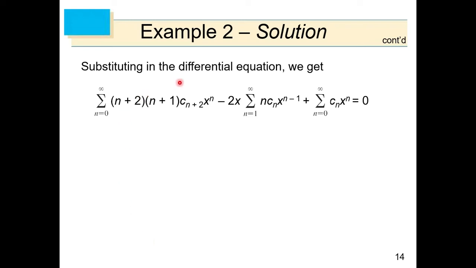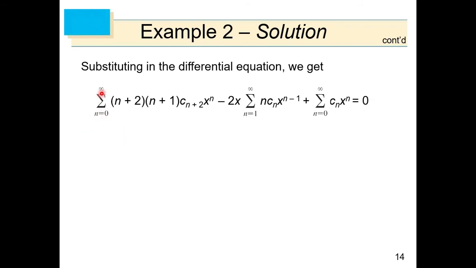Substituting in the differential equation, we get: this is the value of the second derivative of y minus 2 into x into the first derivative of y plus y is equal to 0.